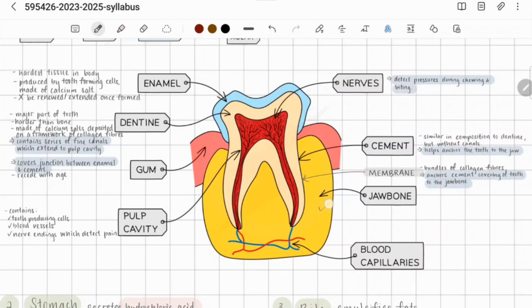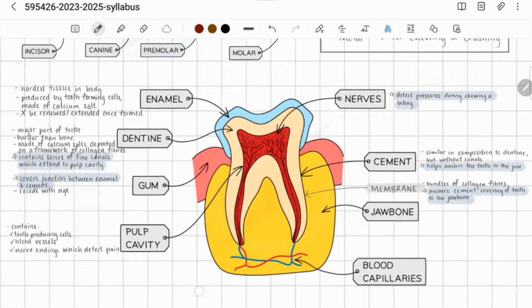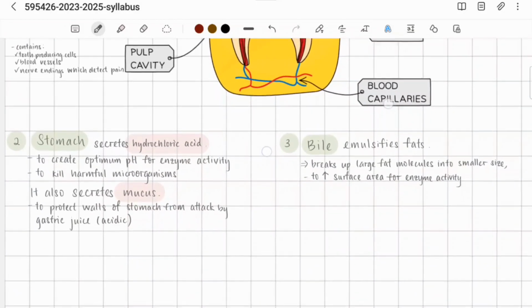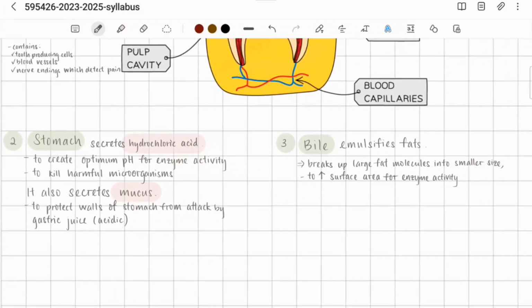This one is the jawbone, and then here we have the blood capillaries to transfer the nutrients in the blood. Okay, and then lastly we have these two.